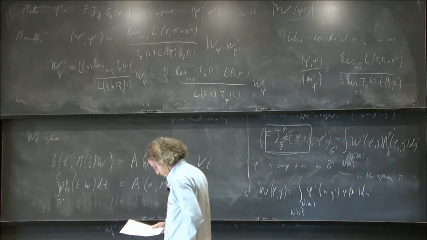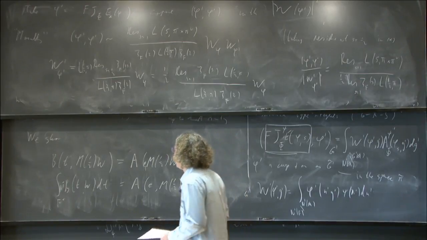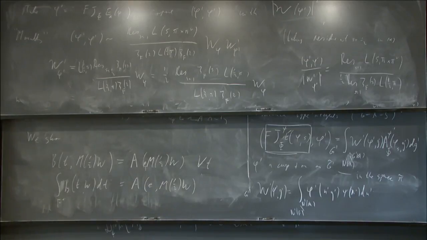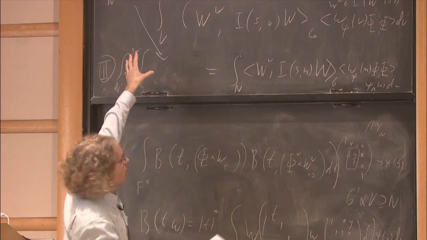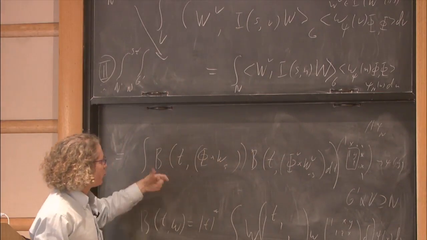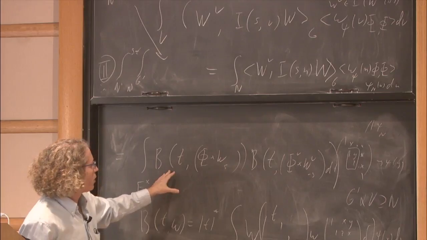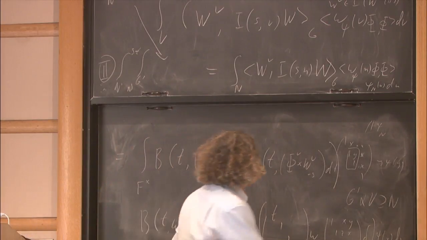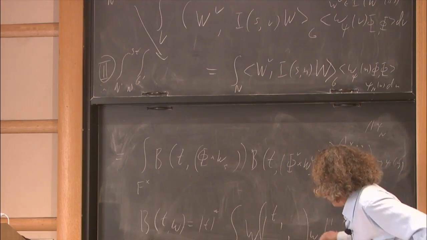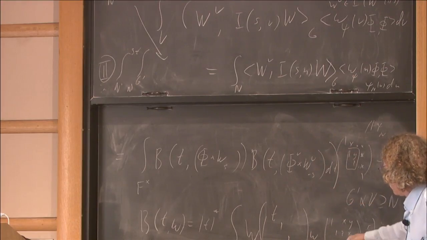I'm sorry, I'm not following. What are these all? Okay, so let's just do it again. First I'm saying that on a formal level, I can compute what's there as some kind of inner product now on F star. But what I have inside is some explicit functionals which have some invariance.